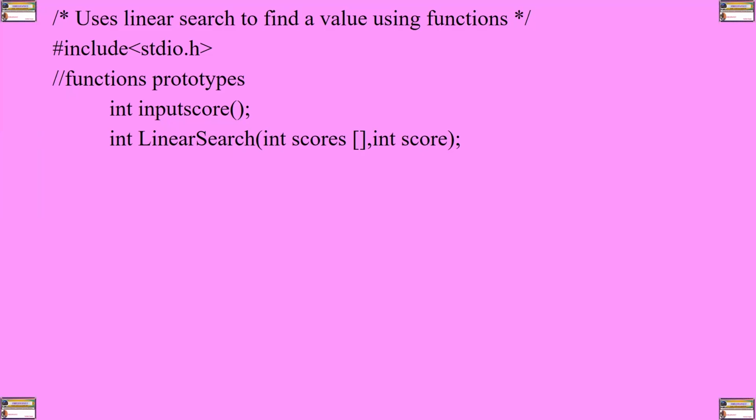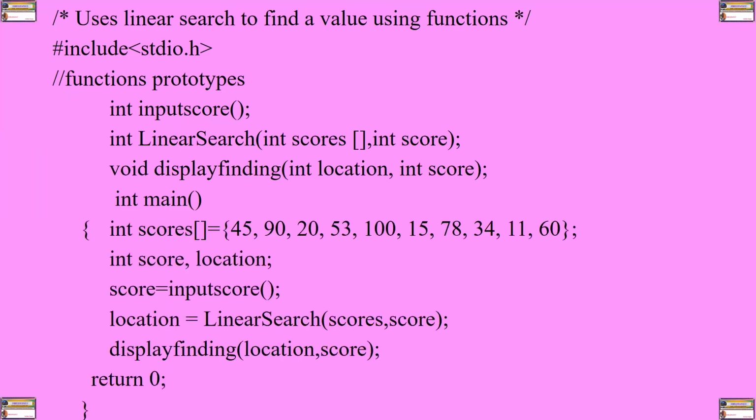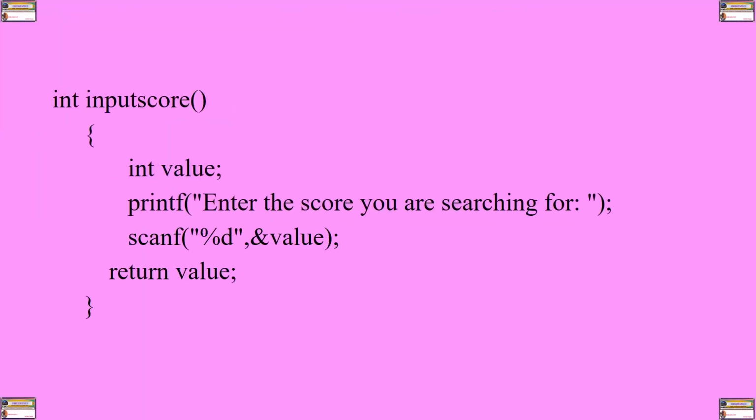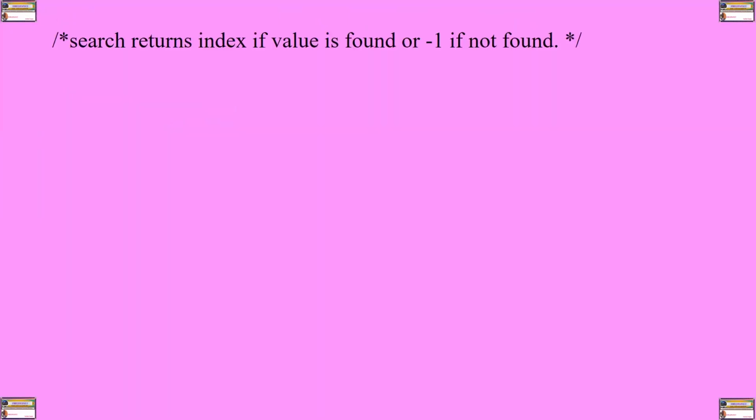And then it's supposed to return a value of type integer. So once this prototype is encountered, the processor will go and look for the function called linear search. So the control will be brought to this point.